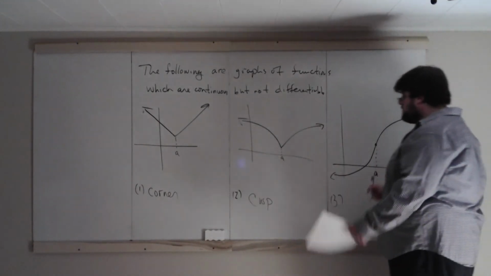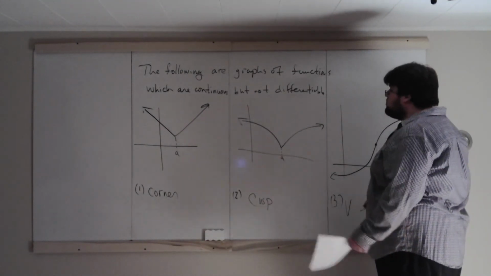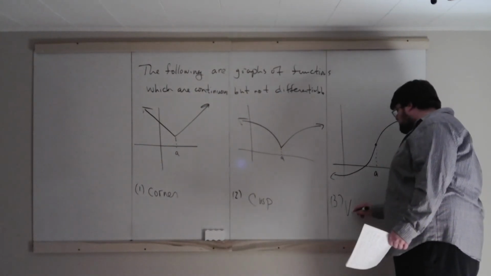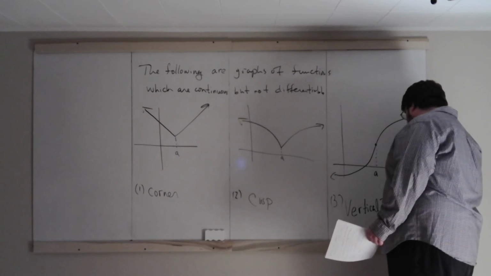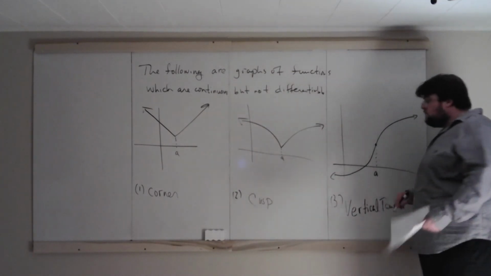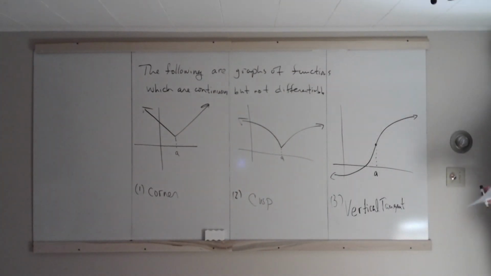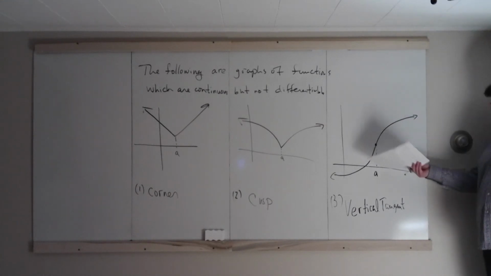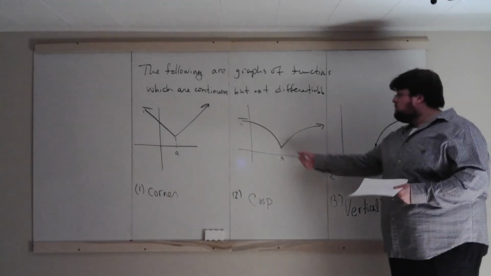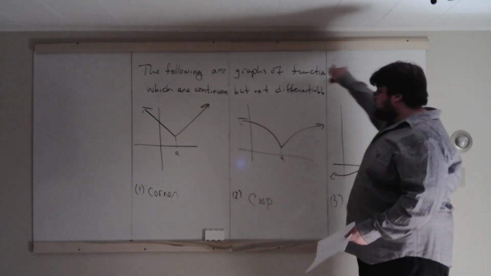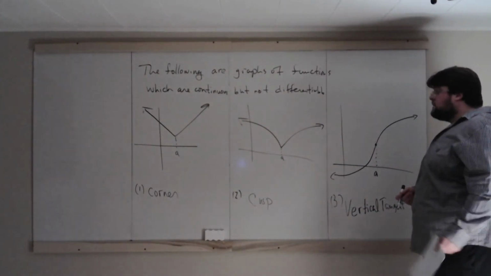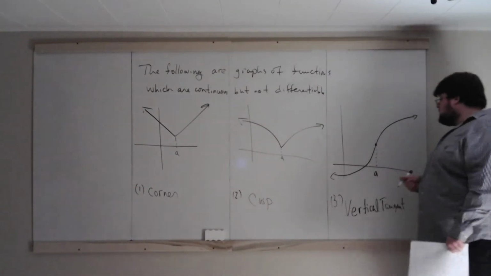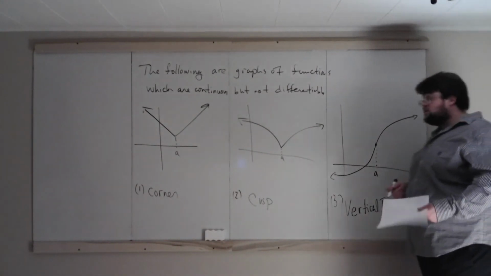For the purposes of this, we're going to assume that that means the function is not differentiable. And a vertical tangent will give us a third example of a continuous function which is not differentiable. An example of this would be the square root function, and the square root of negative x at 0. Here you could use the cube root of x at 0.